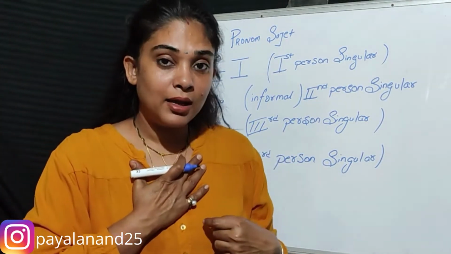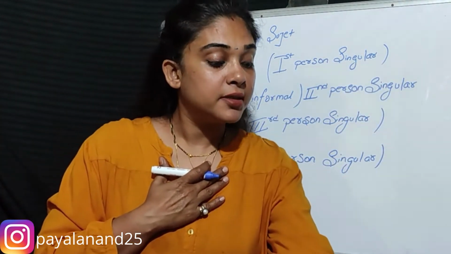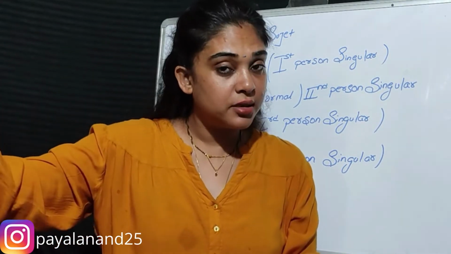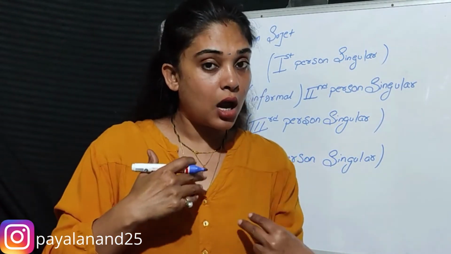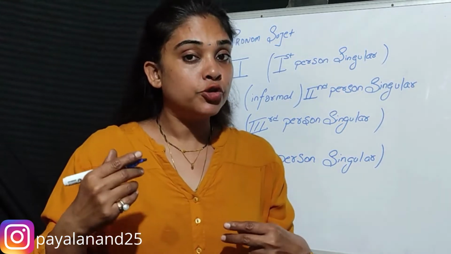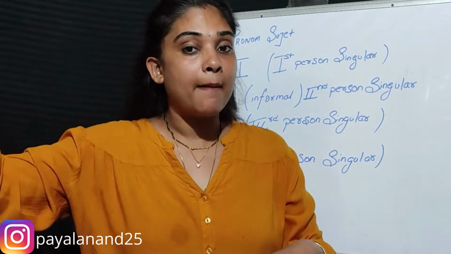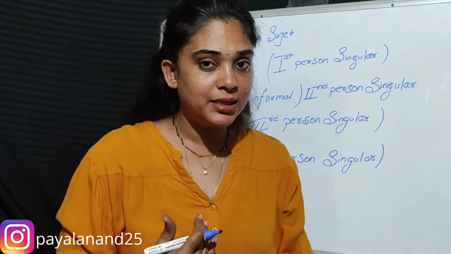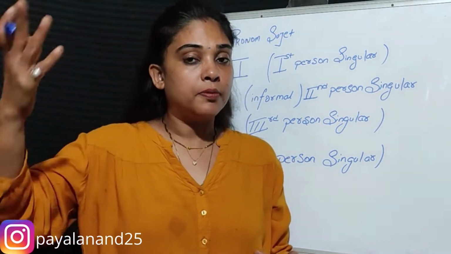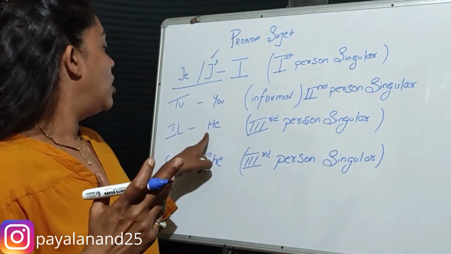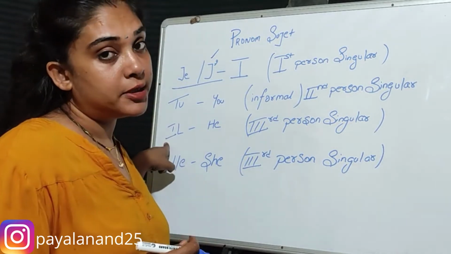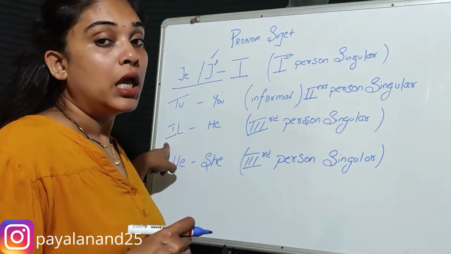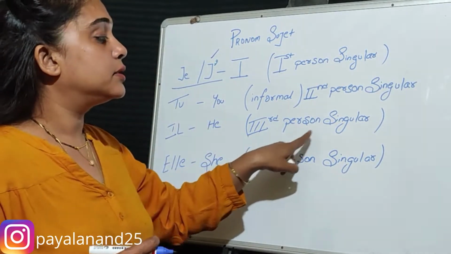For example, Payal is the first person, Rajiv is the second person, and Prisha is the third person in our conversation. If I want to talk about some person like Sam, who is not present between us, I will represent him with he, or in French with il. Il, third person singular.